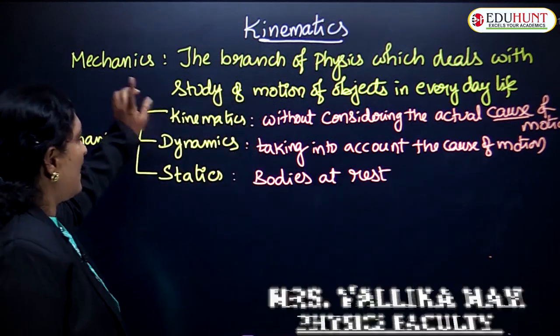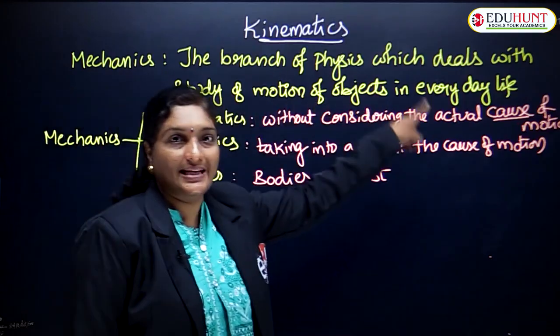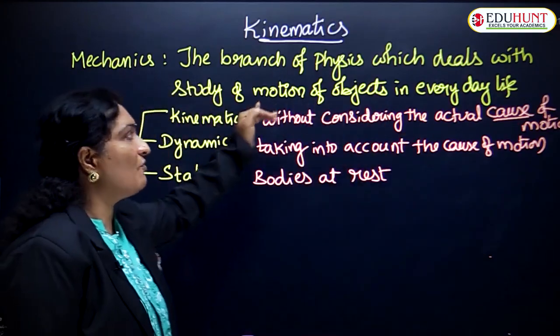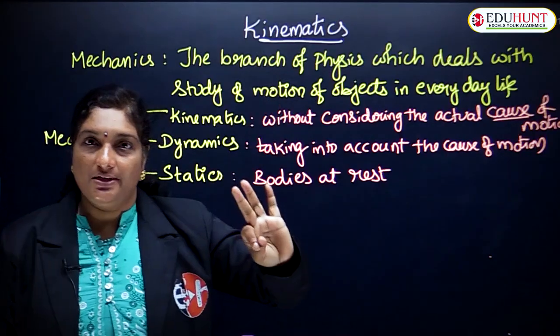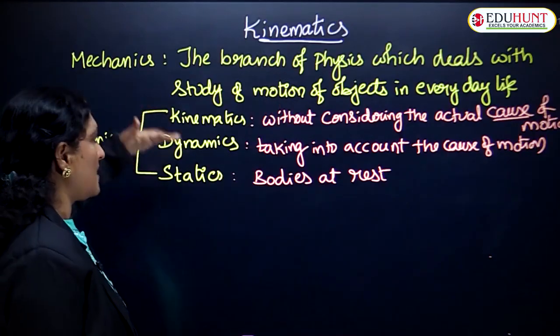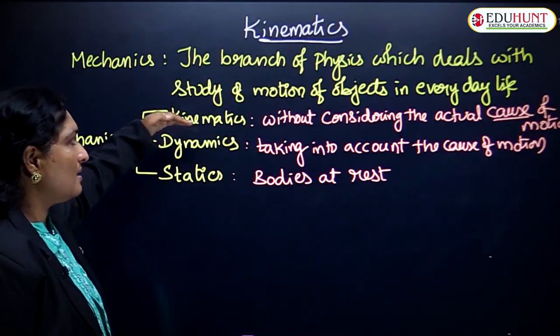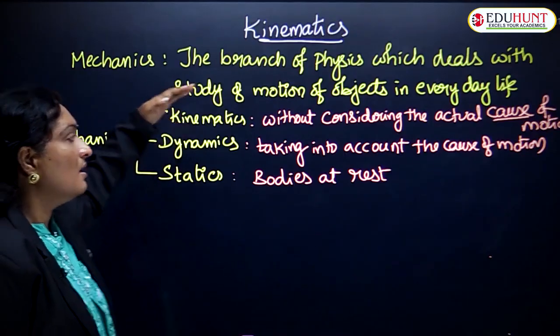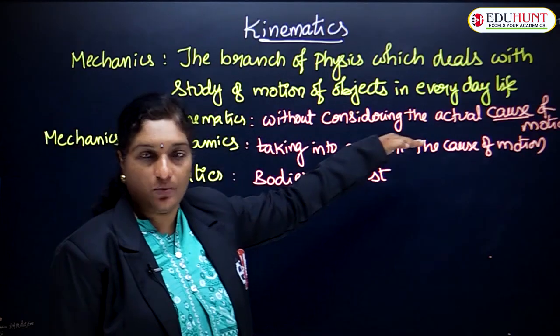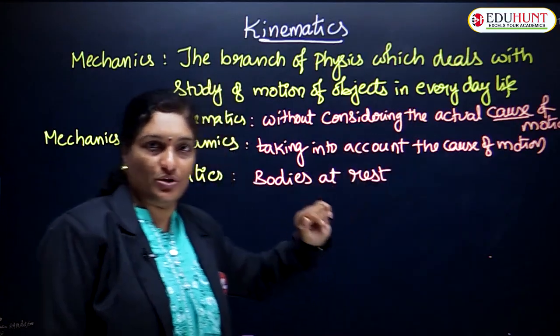So let us recall. Mechanics is the branch of physics which deals with the study of motion of objects in everyday life, and it is broadly classified into three categories: kinematics, dynamics, and statics. What is kinematics? The branch of physics which deals with the study of motion of objects without taking into account the actual cause of motion.